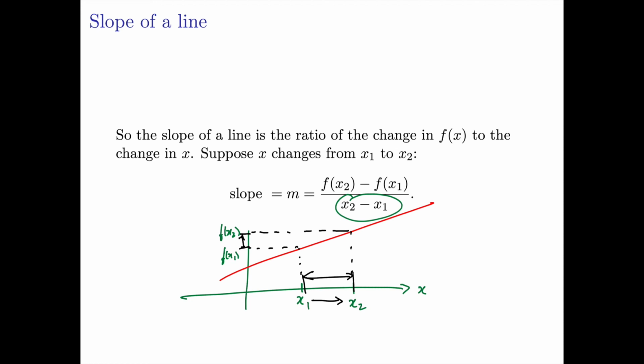If we take the ratio of the rise in the value of f of x, which is this much, to the amount that we're running x, so we're increasing x, which is this much, we have this expression. f of x2 minus f of x1 divided by x2 minus x1. f of x2 minus f of x1 is just this, so that's the rise. x2 minus x1 is this, that's the run. And so if we take the ratio of rise to run, we get the slope of the function.